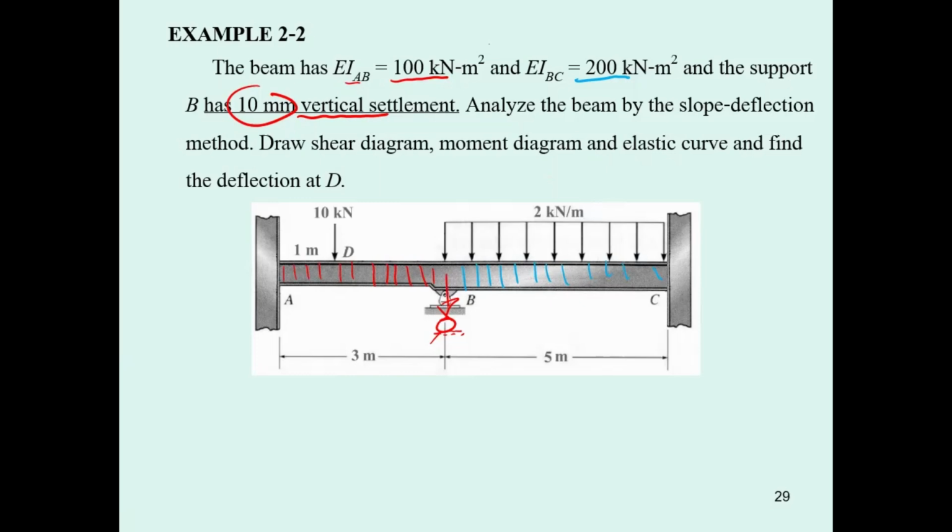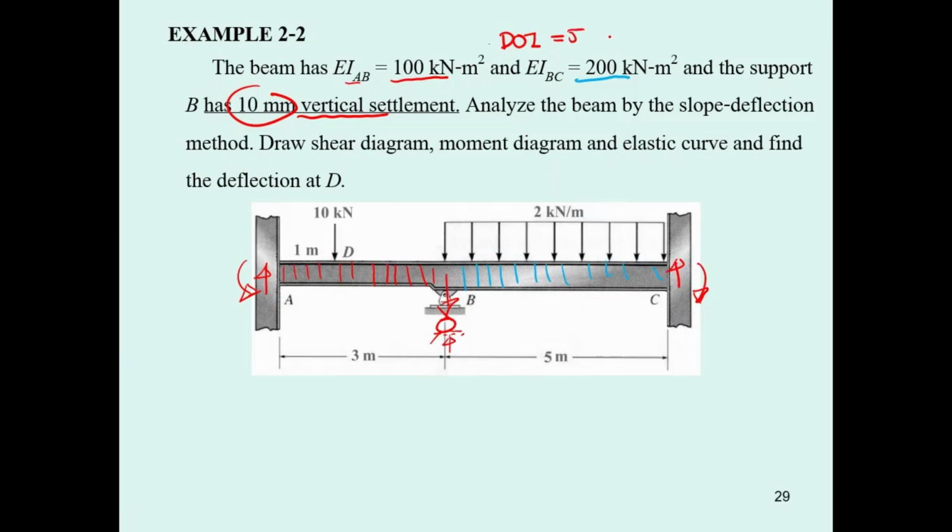Okay, again, based on what we did previously, the degree of indeterminacy of this one is going to be what? If you consider axial deformation, that is one, no axial force. Okay, 1, 2, 3, 4, and 5.